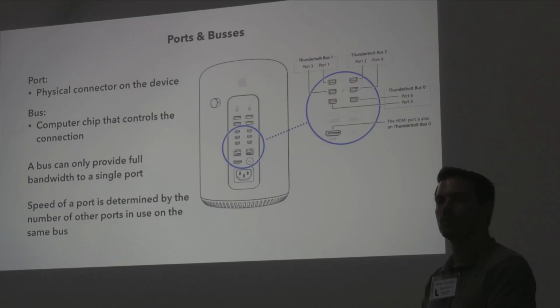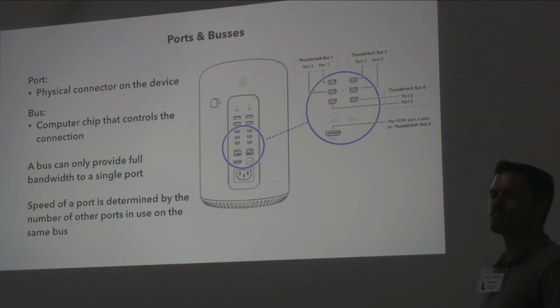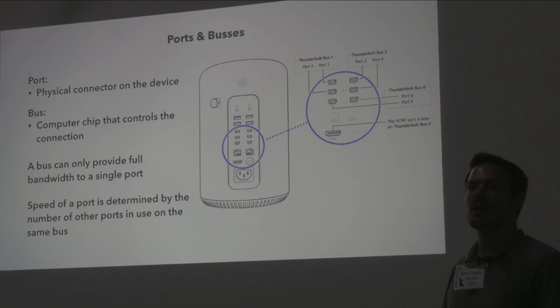So the question is, how do you know what the bus and port configuration is on the computer you're buying? Unfortunately, a lot of computer ports are well documented, because all you have to do is look at the port to see what kind of port it is, or you can look up in the documentation what kind of port it is.